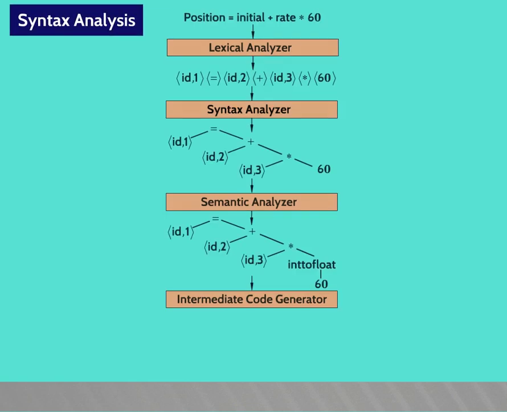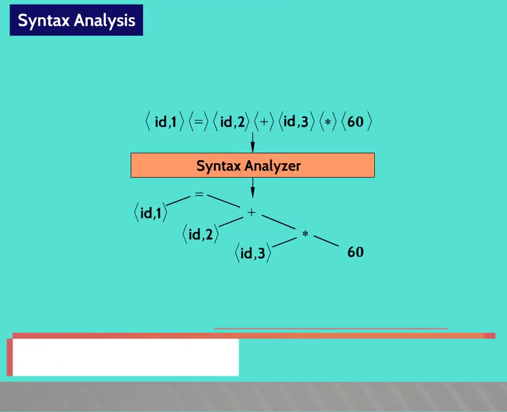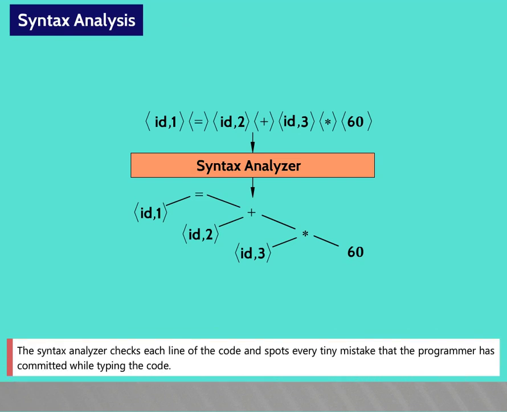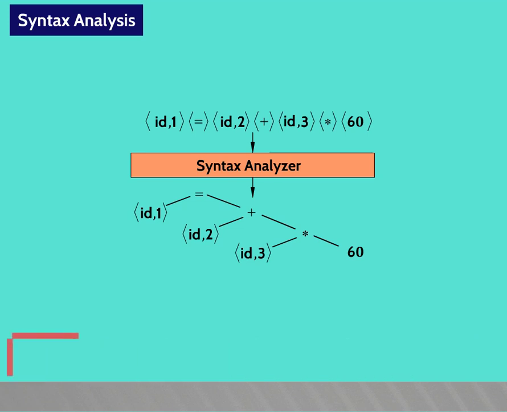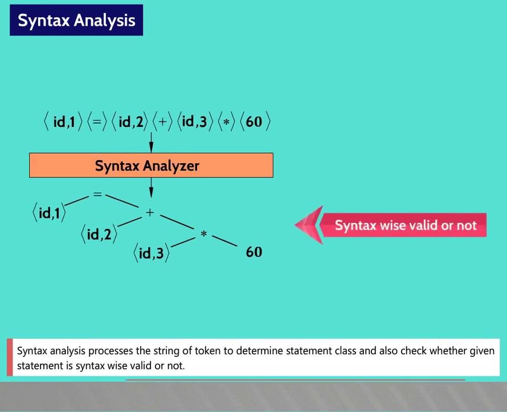Syntax analysis. The syntax analyzer checks each line of the code and spots every tiny mistake that the programmer has committed while typing the code. Syntax analyzers process the string of tokens to determine the statement class and also check whether the given statement is syntactically valid or not.